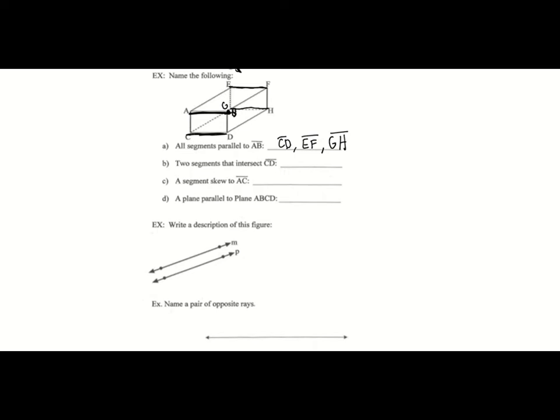Okay? The next one asks for 2 segments that intersect CD. So now I'm looking for something that's going to run into CD. If I start on my CD line, I see that DH meets CD at the corner, so that one is going to intersect.